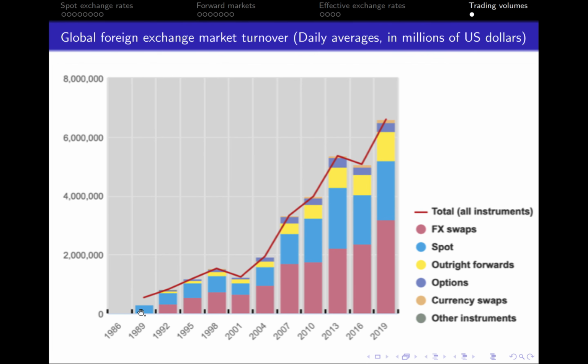Spot used to be the most important transaction, and the number of spot transactions is actually still growing, but now the most important transactions are forex swaps that we've discussed before. Now, forwards, as you see, are the third most important instruments, but they are not as crucial as the other ones. And finally, options are taking the fifth place, and currency swaps are the last ones.